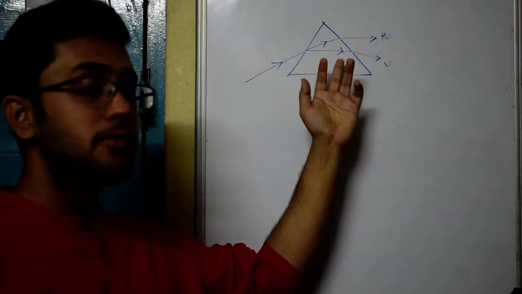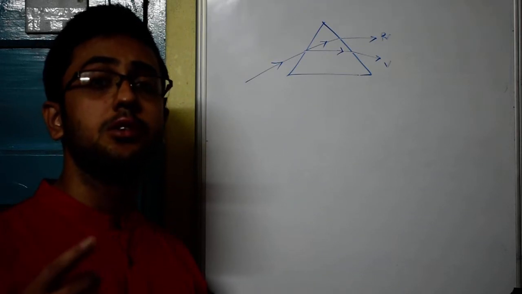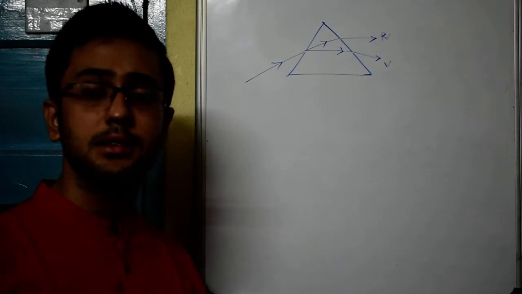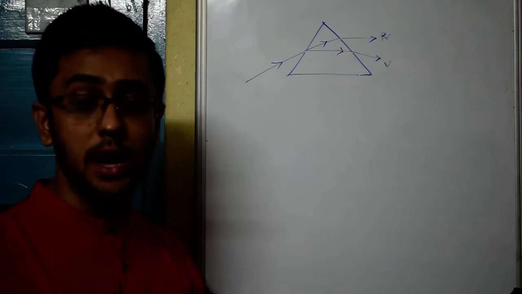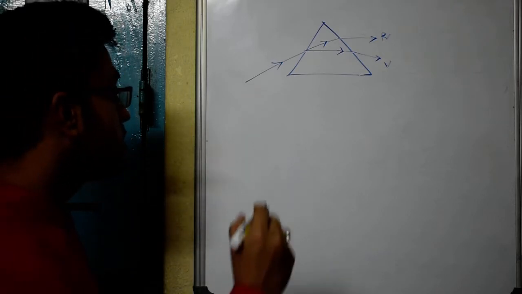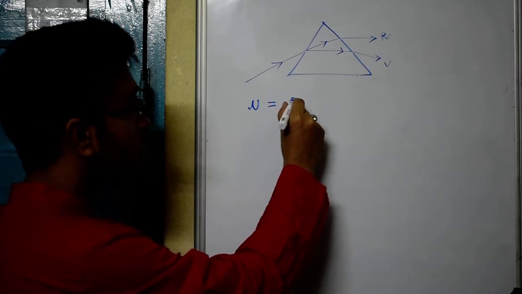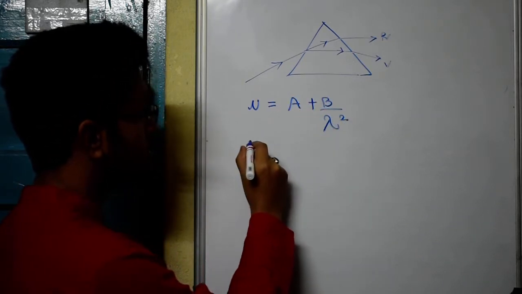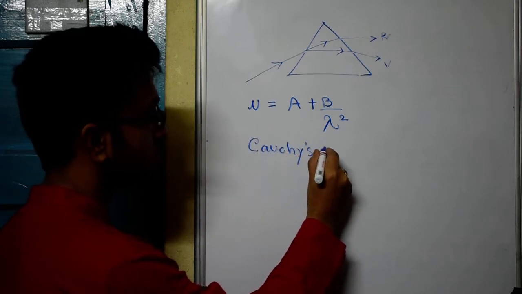But when it enters a refractive medium, like in this case glass, light which has the longest wavelength shall be deviated the least, that is red, and light which has the smallest wavelength, like violet, will be deviated the most, because we had done a relation that the refractive index of any medium is related to the wavelength in this manner, and the name of this relation was Cauchy's relation.